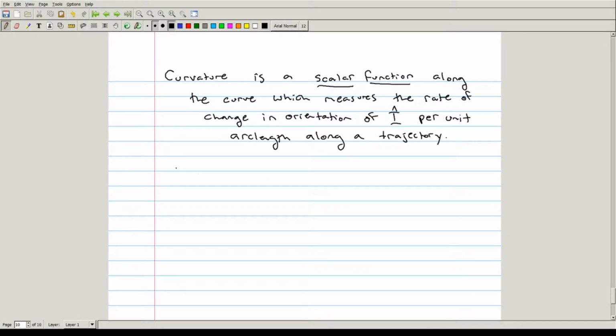Or in other words, more simply put, it measures how curvy a trajectory is at a given point.